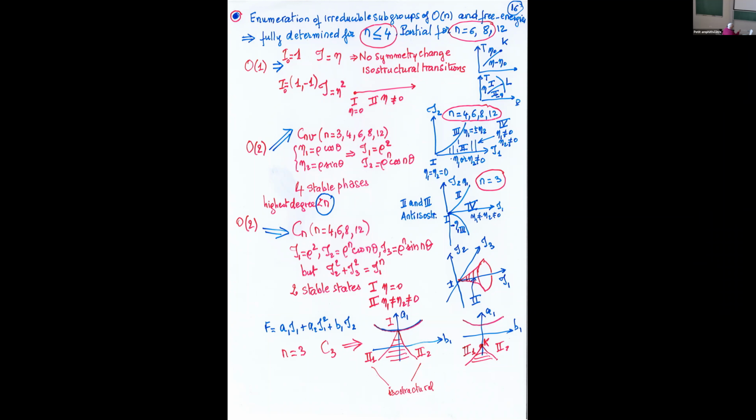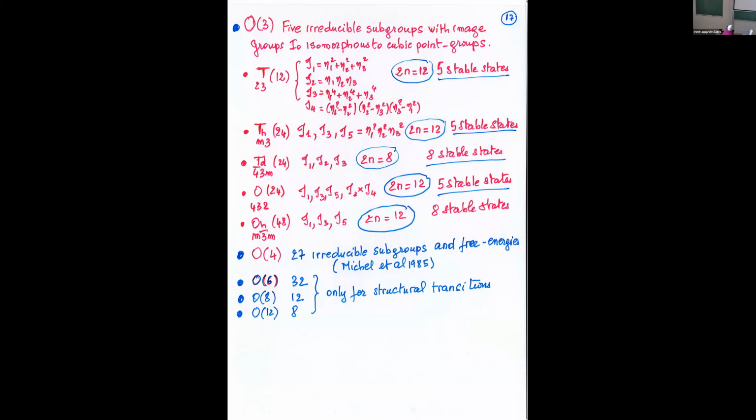It has two possibilities of phase diagram, the one here and the one there. The one here ends at a critical endpoint with two isostructural phases, and here it terminates on the line which separates 1 and 2.